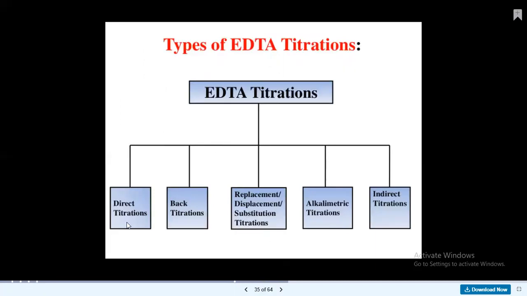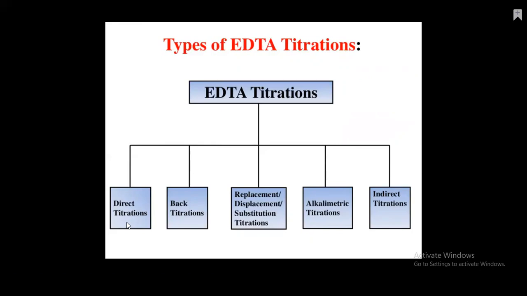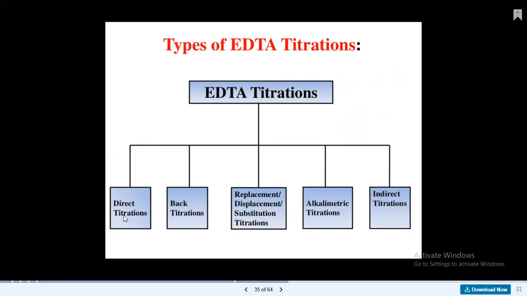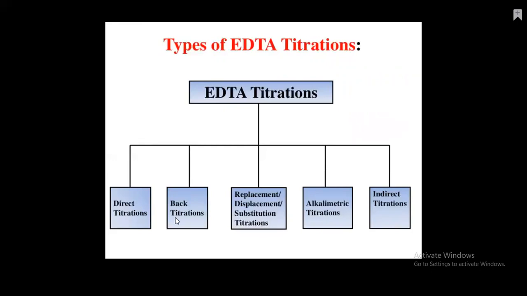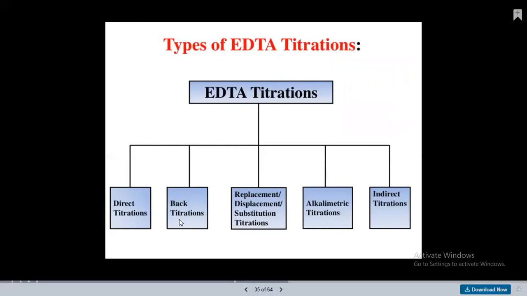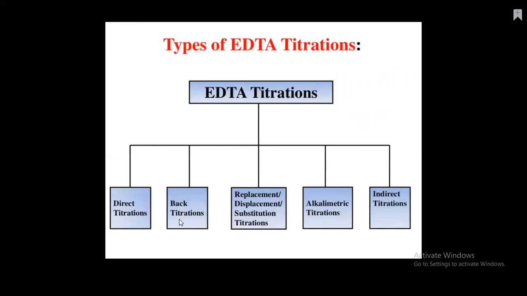Direct titration is used when the reaction is rapid and an indicator is available. One very important thing here is that if the indicator-metal complex is not so stable, then we perform the direct titration. Back titration is performed when the reaction is slow and volatile substances are there, or when the reaction is very slow.